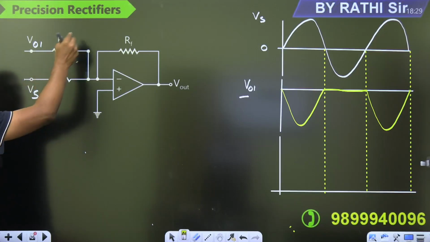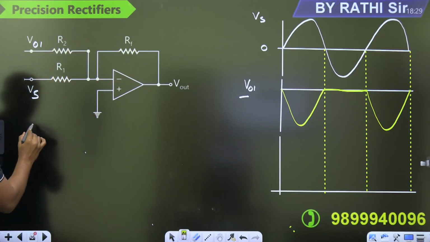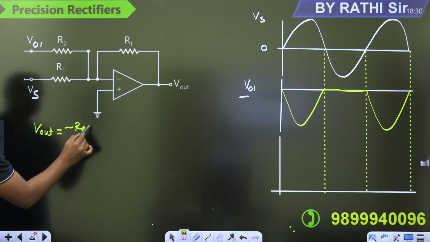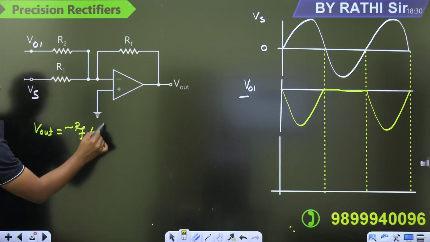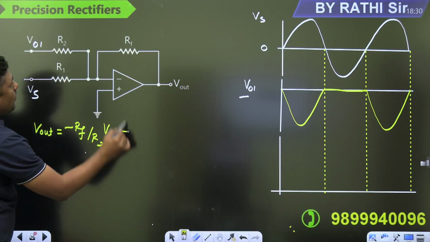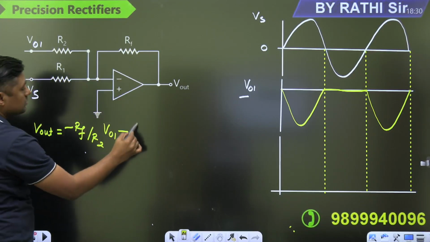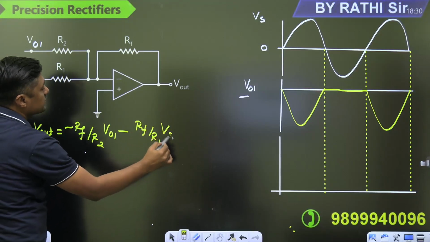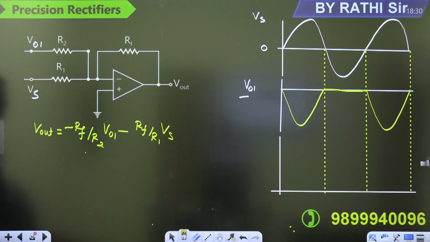Now, because of the inverting summer, the output voltage will become minus Rf by R2 times V01, minus Rf by R1 times Vs. That is the output, guys. That is the output here.